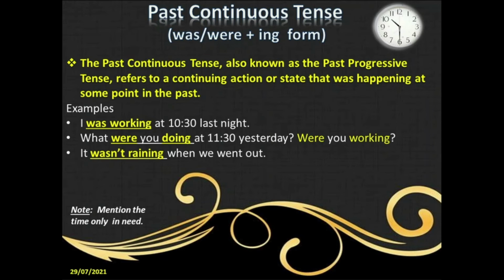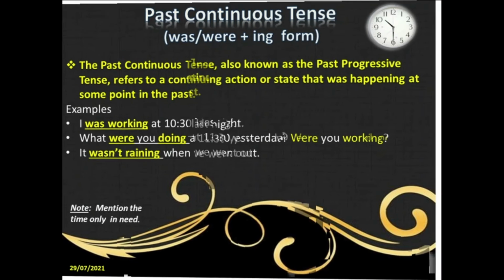I'm just asking what did you have for breakfast. So you just tell me what you had, not the time. So you don't need to mention the time in that. It is not that whenever you make any past simple sentence or past continuous sentence, you must mention the time. No, it is only when it is needed. So it all depends on the context that you are asking or telling.